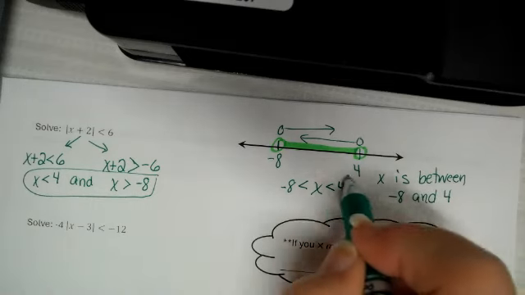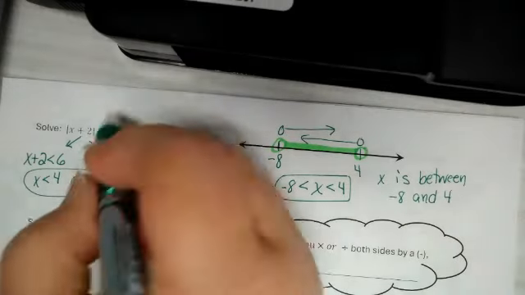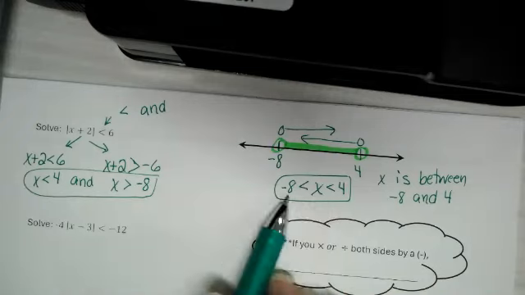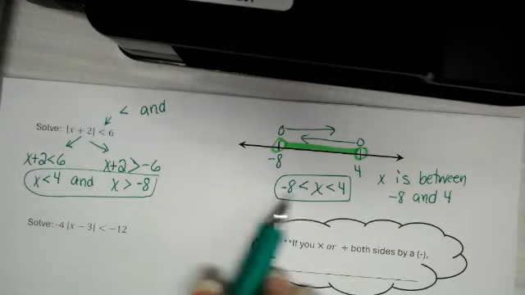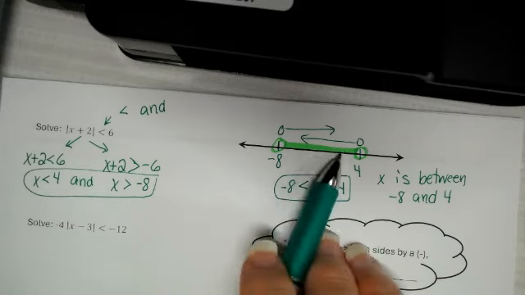So you could write it either way. But because it said less than, that's an and. So it's in between the two. It's bigger than -8 and less than 4. So we've narrowed it down to those numbers.